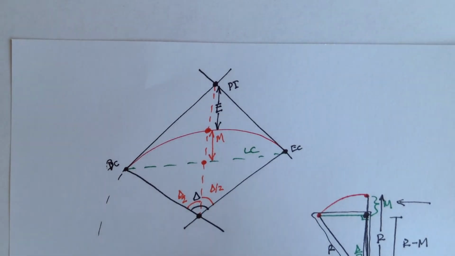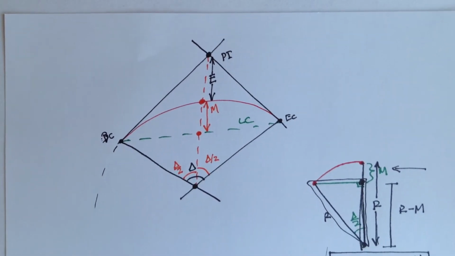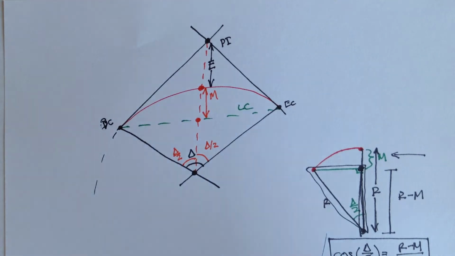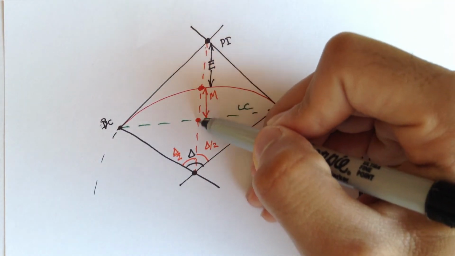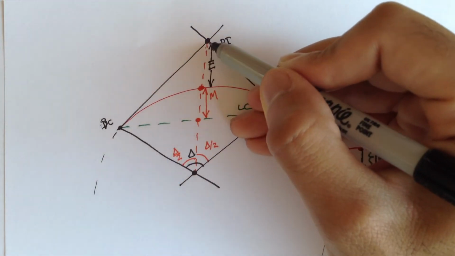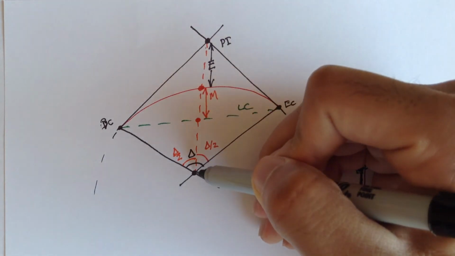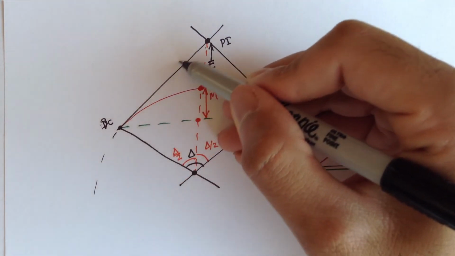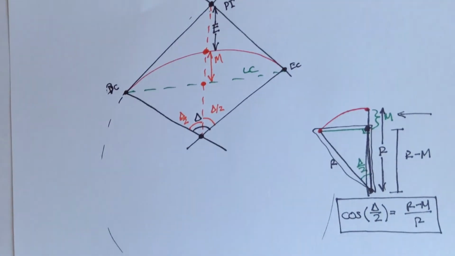So how do we figure that out? Well, we're going to use trigonometry. We're going to redraw this triangle right here. It starts at the PI, goes all the way to the origin, goes to the BC, and comes back up to the PI, right?